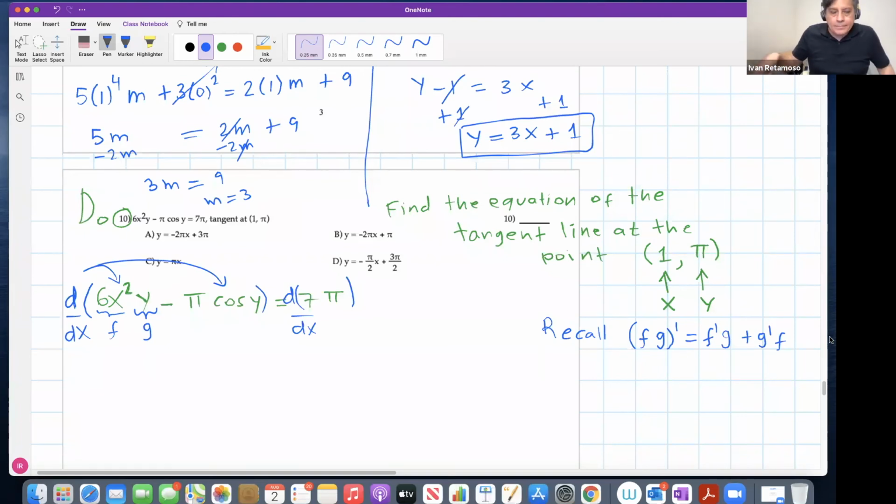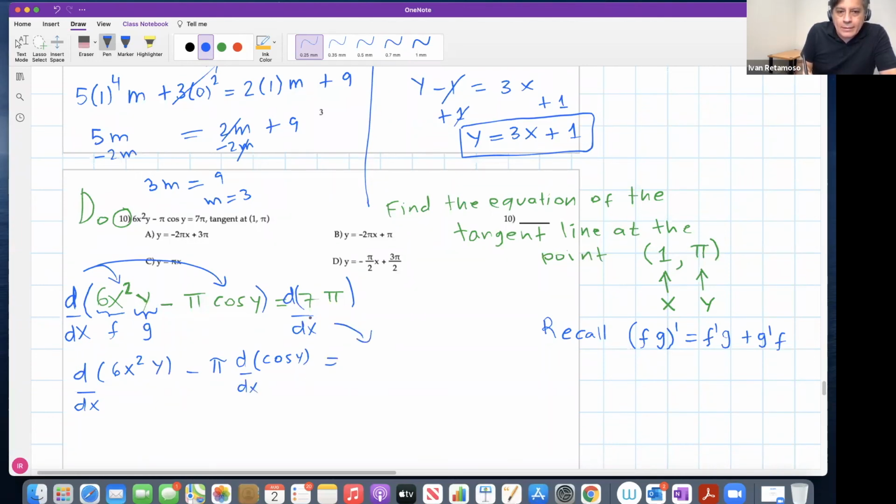Okay, so if we distribute our derivatives here, we have to take the derivative of 6x squared times y with respect to x minus, allow me to pull out the constant pi and focus completely on the derivative of cosine of y with respect to x. Okay, this is what we're gonna do, right?